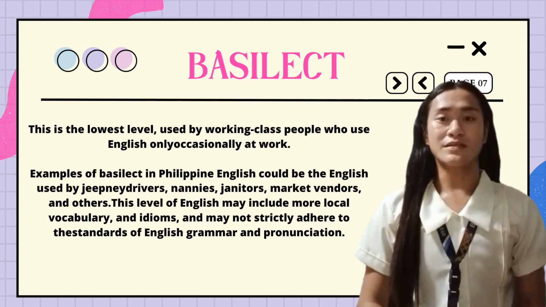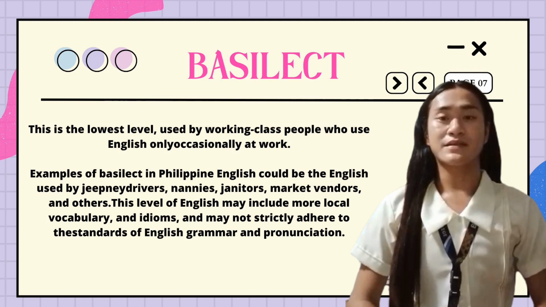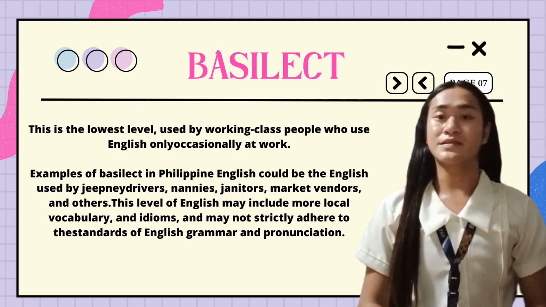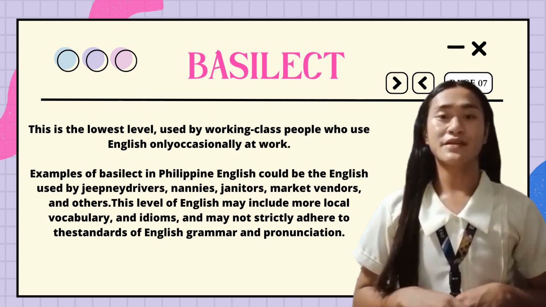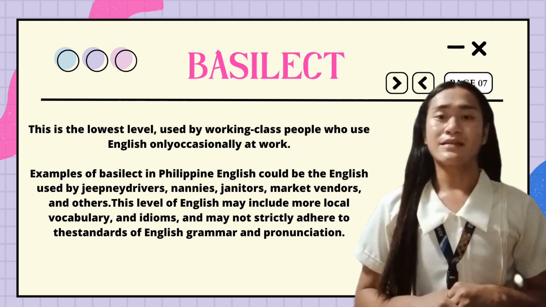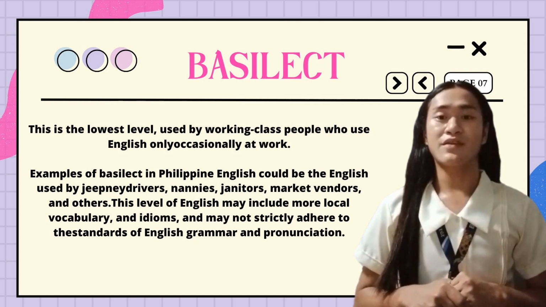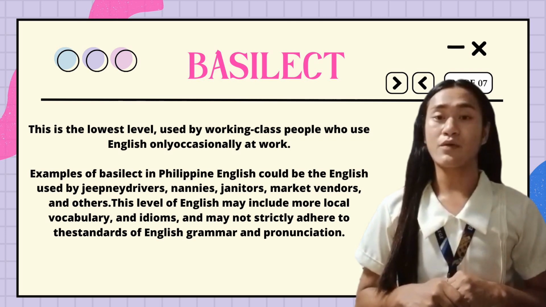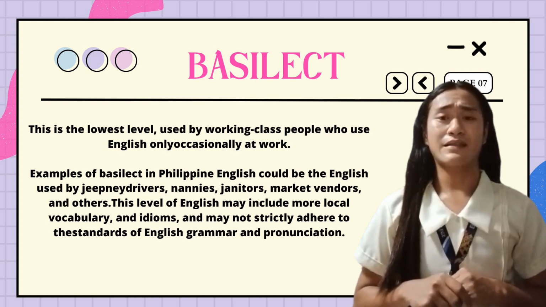In social linguistics, the term Basilic refers to the least prestigious and the most localized variety of language. In the context of Filipino English, Basilic is the variety that is furthest from standard American English and incorporates the most influence from Philippine languages and local dialects.